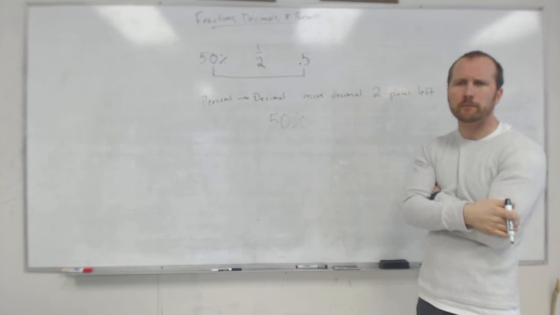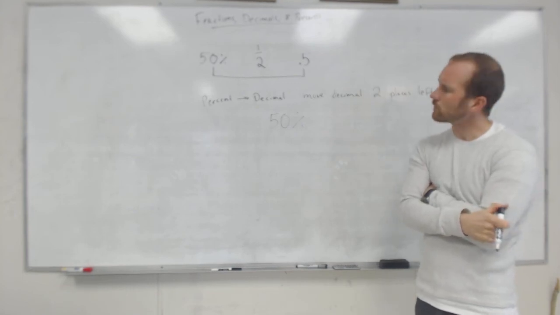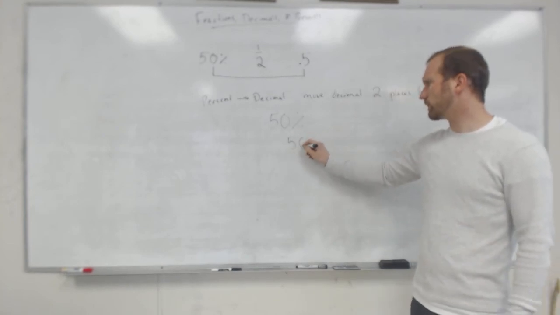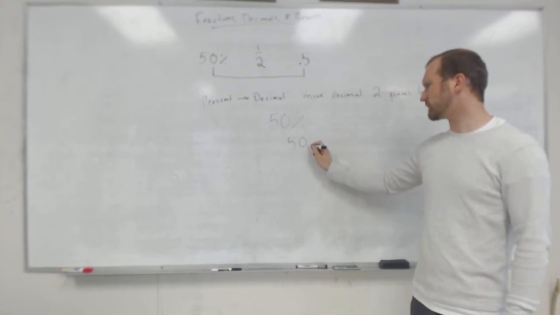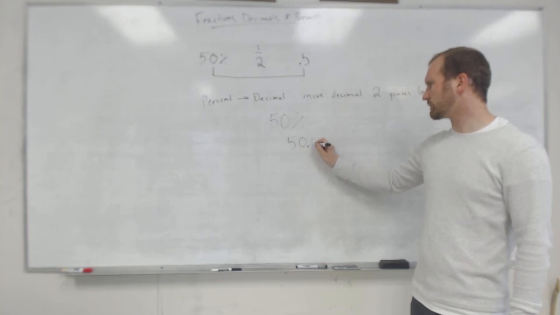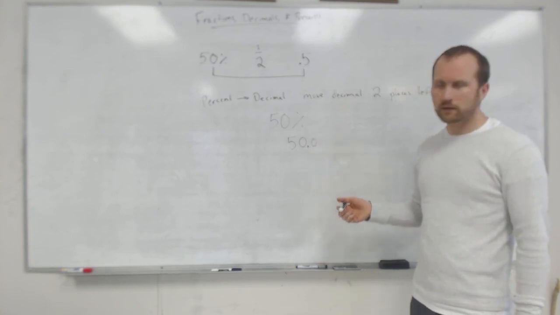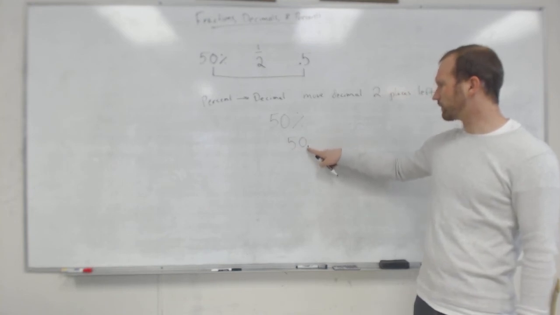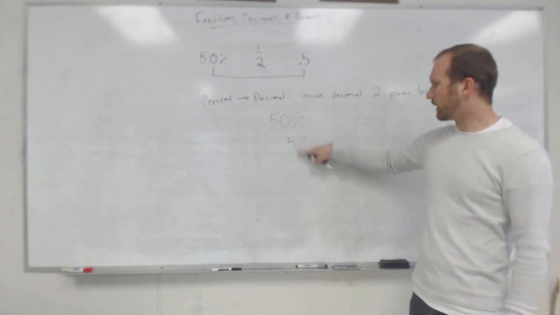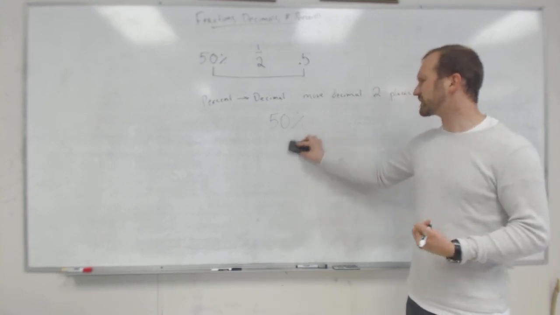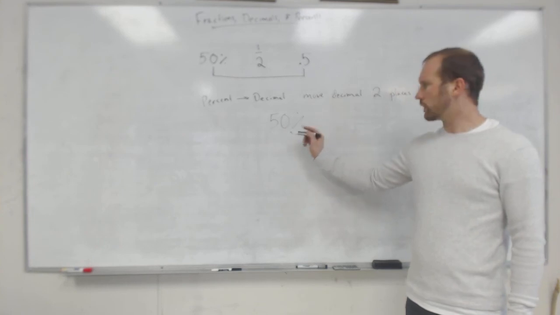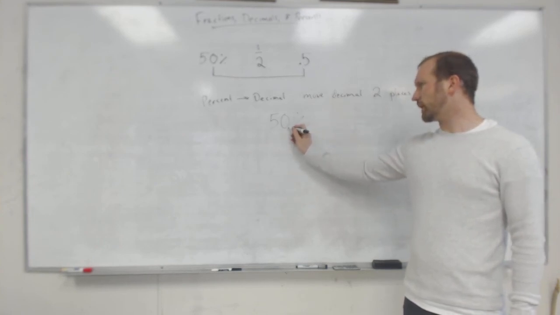So where would it be? If I had this number, 50, would you agree that 50 is the same as 50.0? Right? So the decimal in 50 is right at the end of the number. It's right there. And that's going to happen a lot. If you have a percent that's a whole number, your decimal is always right here at the end.